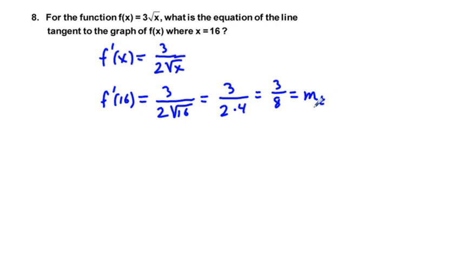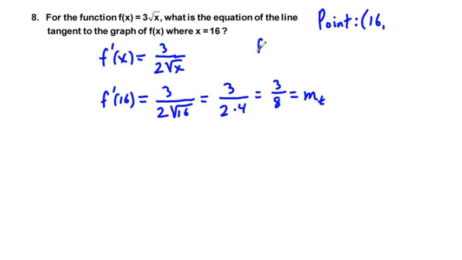We'll call this m sub t. And then for the point, x equals 16, and y equals, well, we don't know yet, f of x.